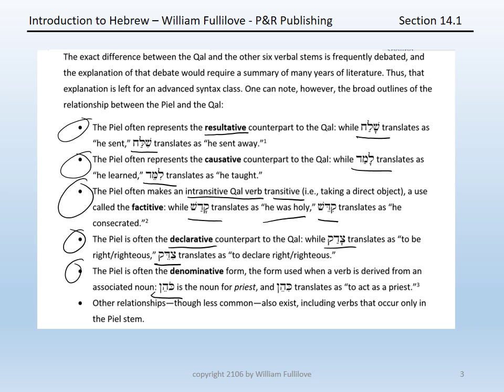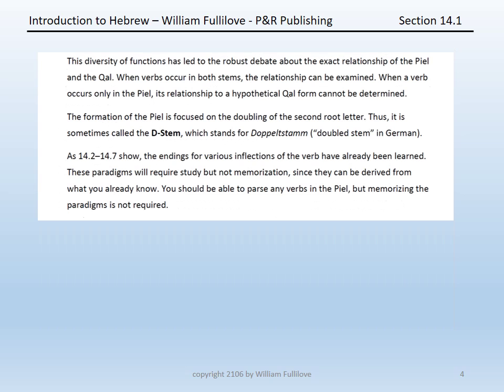For instance, kohen is the noun for priest, and kihen translates or glosses the Piel to act as a priest. And then sixth, there are other relationships, though they are less common, including verbs that occur only in the Piel stem and never occur in a Qal form.